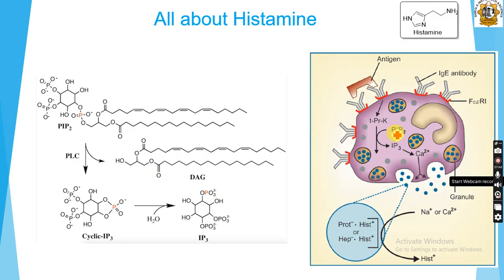Here it says PIP3 and IP3, inositol triphosphate, or IP3 DAG you can say. When this releases your inflammatory mediators, you might have seen this before, when I showed you the cell membrane, the lipid membrane.